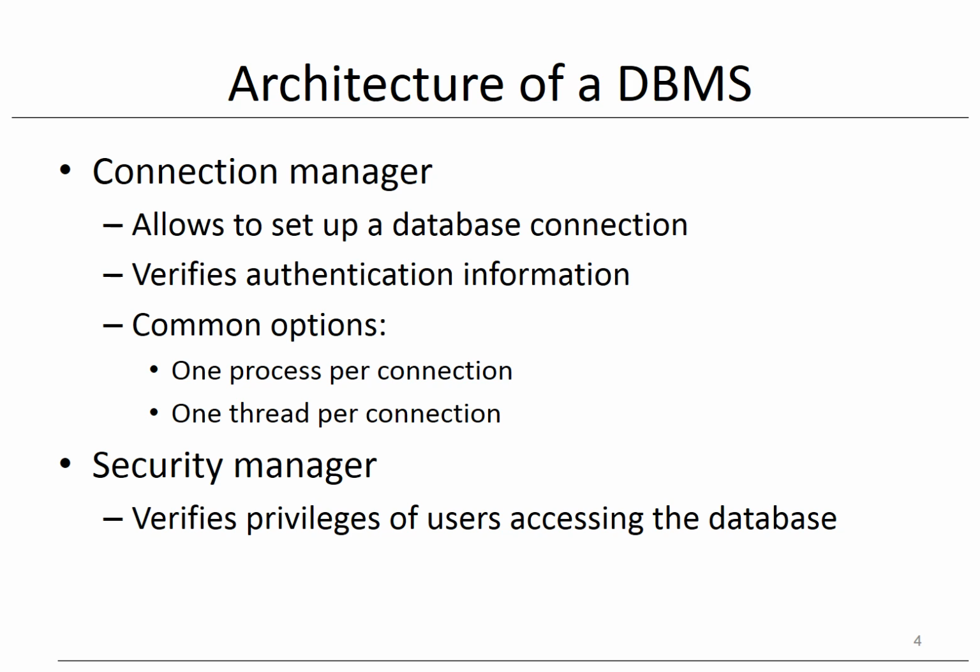A database connection can either run as a single process or as a thread within a process. Remember, a thread represents an execution path within a process and represents the smallest unit of processor scheduling. Multiple threads can run within a process and share common resources such as memory.